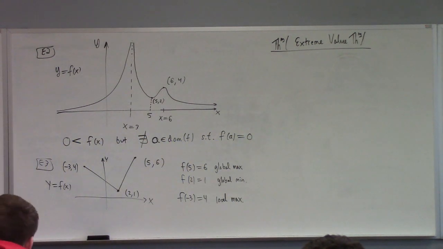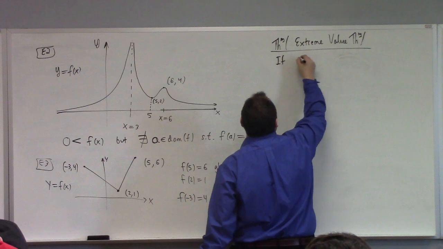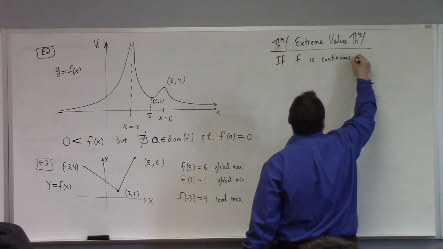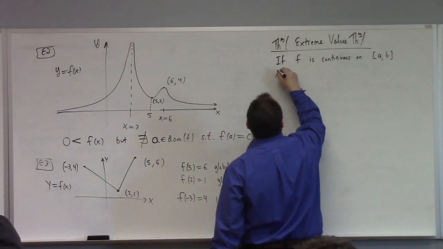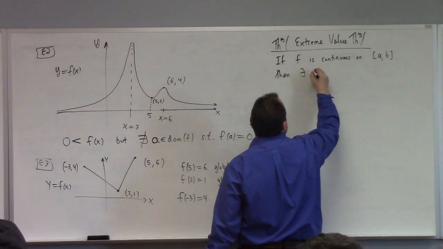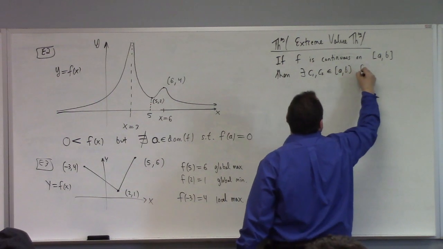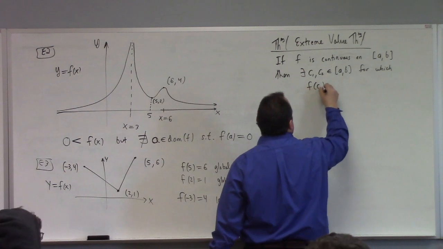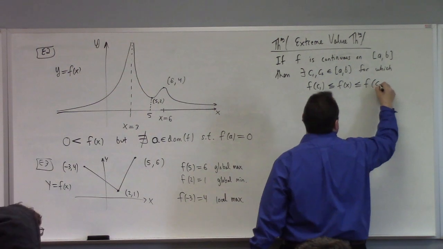Yeah. And it simply says that if you have a function f which is continuous on the closed interval a to b, then there exist, let's say, c1 and c2 in the interval a to b for which f of c1 is less than or equal to f of x is less than or equal to f of c2.